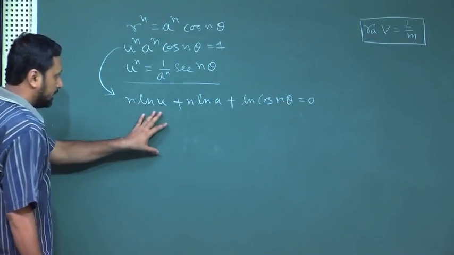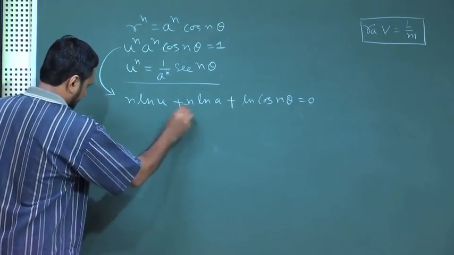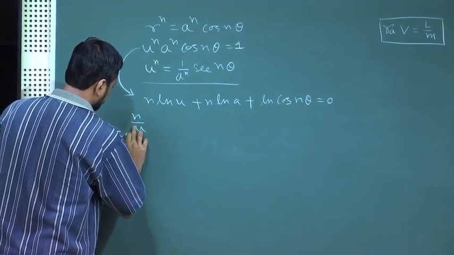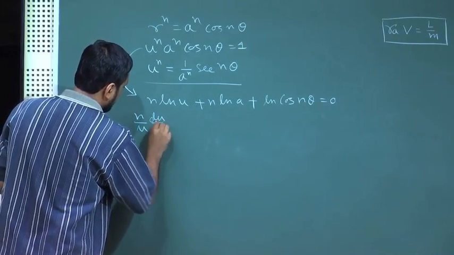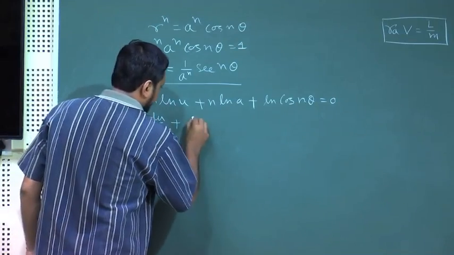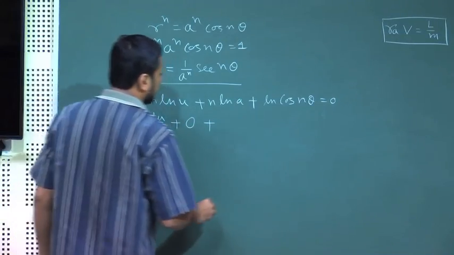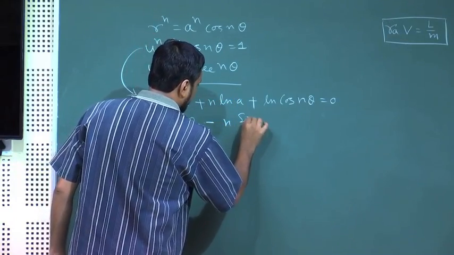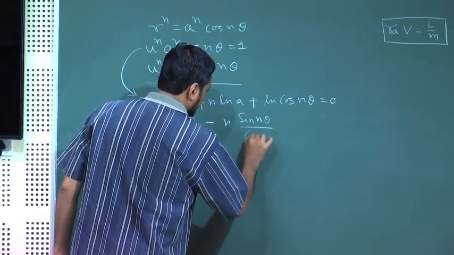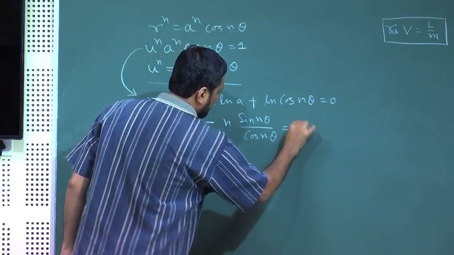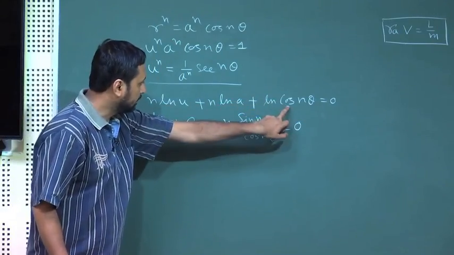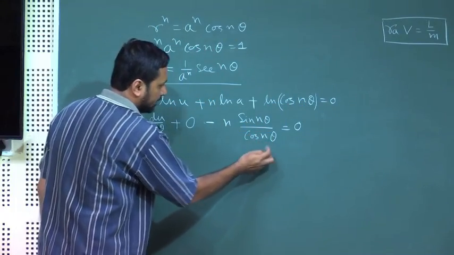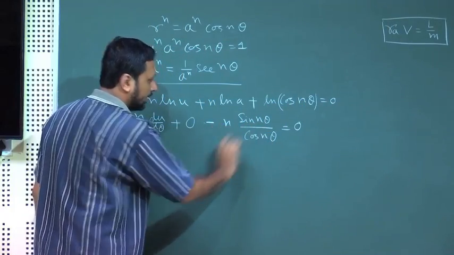If we take the derivative with respect to theta of this equation, then we get n by u du/d theta, plus the second term will become 0, and this term becomes minus n sin n theta by cos n theta, which is once again equal to 0. The log of cos n theta gives 1 over cos n theta, and the derivative of cos n theta gives minus n sin n theta.